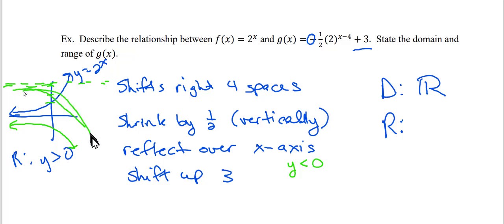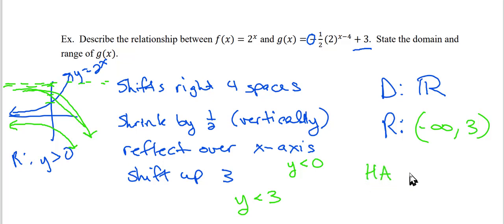So I have something like that, and that makes it so that y is less than 3. I do have increased y values now. So now my range is going to be negative infinity to 3, not including the 3, because the horizontal asymptote is now at y = 3 with that vertical shift.